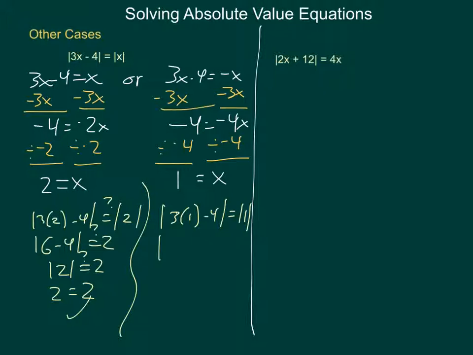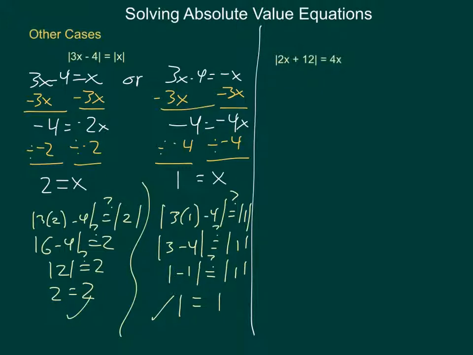So the absolute value of 3 minus 4, because 3 times 1 is 3, is supposed to equal 1. 3 minus 4 is negative 1, so we have the absolute value of negative 1 is supposed to equal the absolute value of 1, and we get 1 equals 1. This one checks out also. So we have multiple solutions even when we have absolute value on both sides.